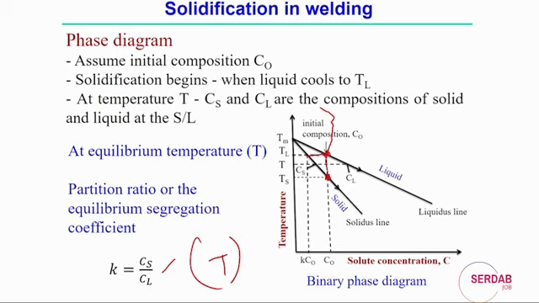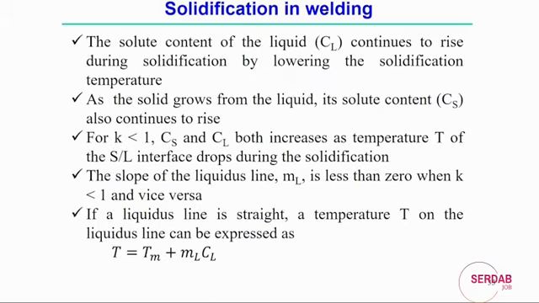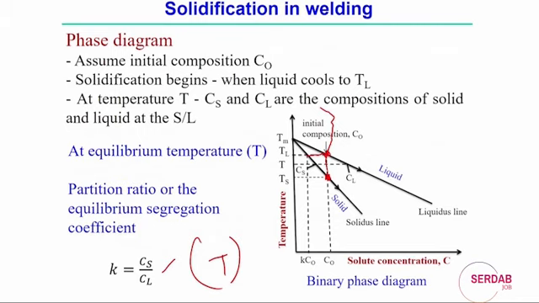From this phase diagram of a binary alloy, we can further analyze that the solute content of the liquid continues to rise during solidification as the solidification temperature is lowered.